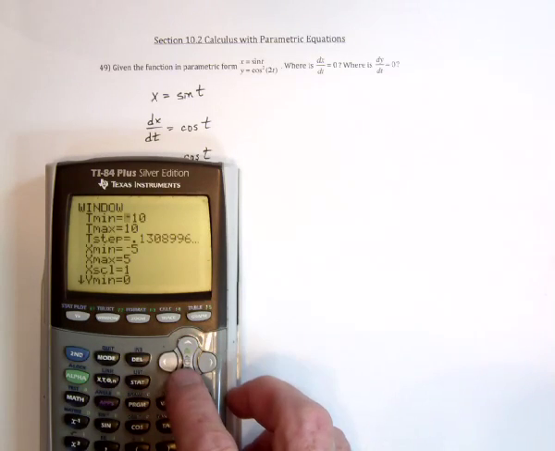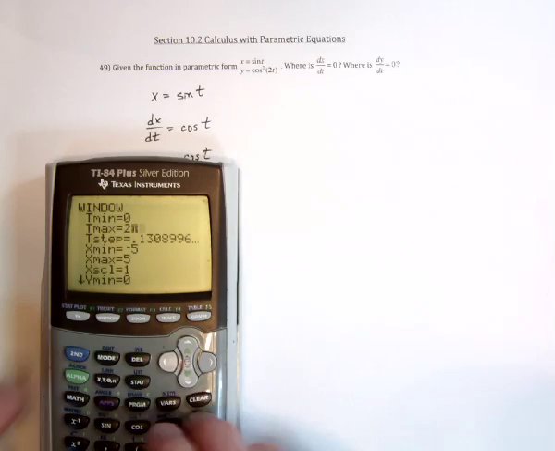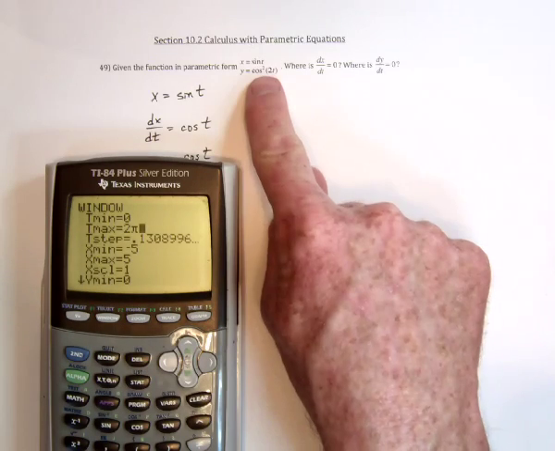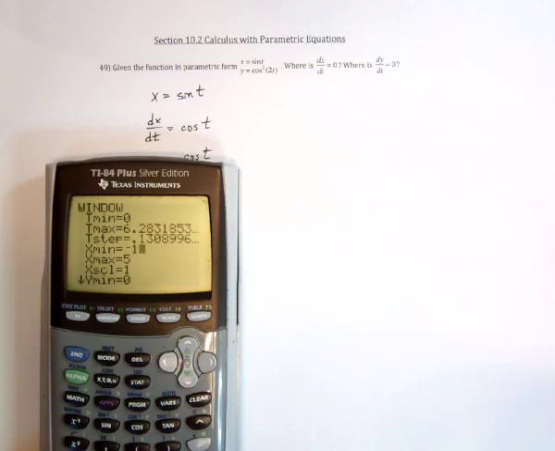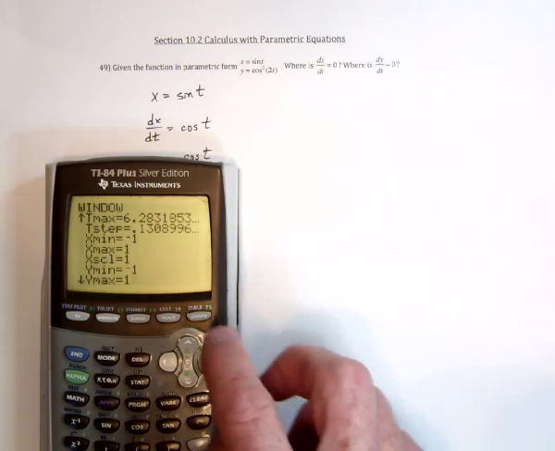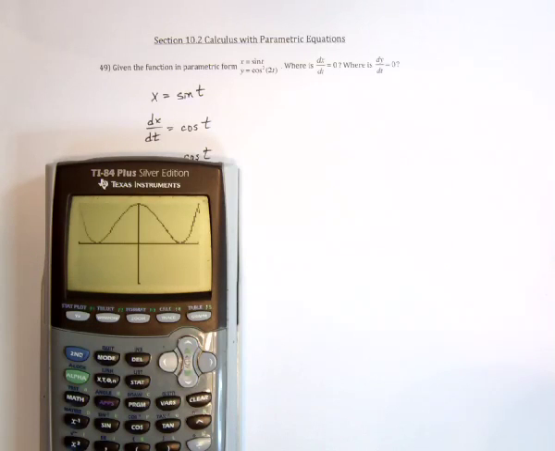Since this is trig, we should have this going from 0 to 2 pi. Sine and cosine stay between -1 and +1, so that's what the x's and the y's should be. And then take a look at the graph. It's sort of a W.